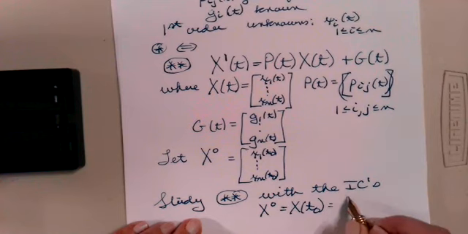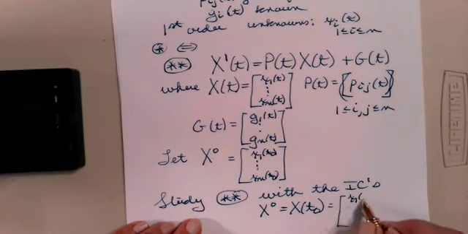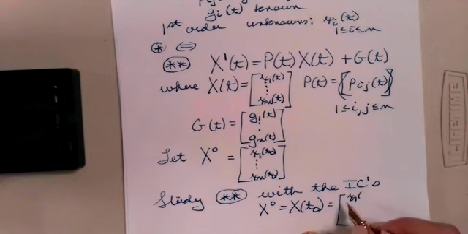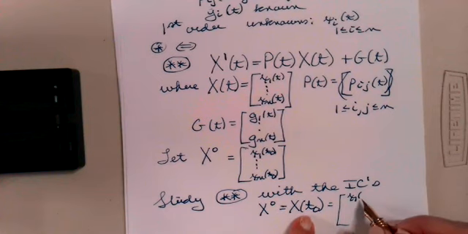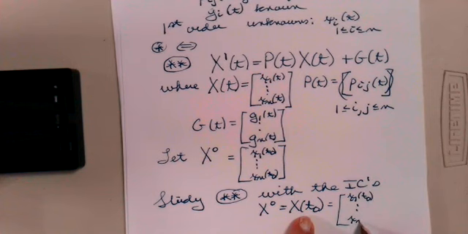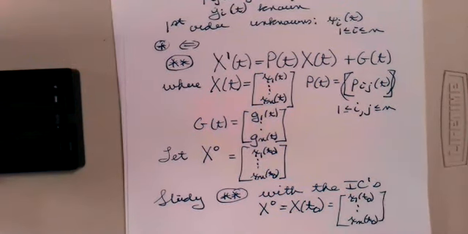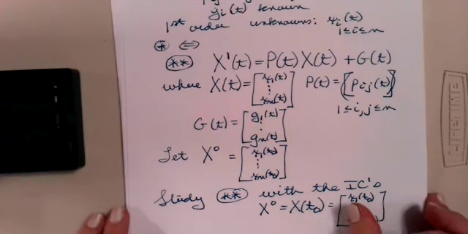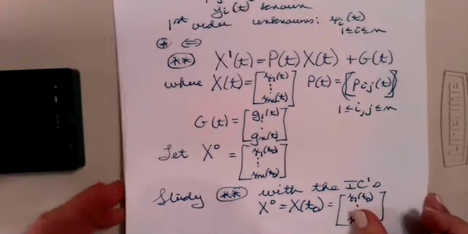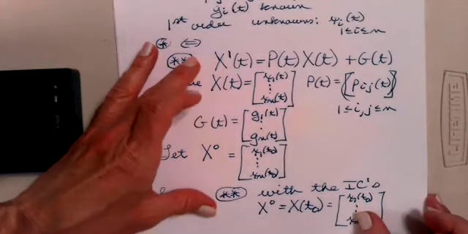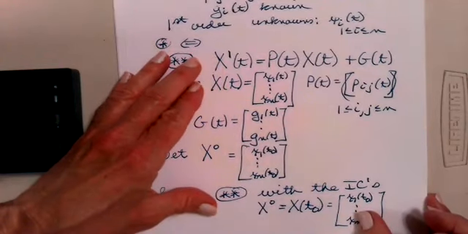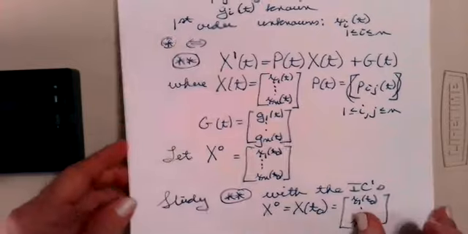And remember, that's basically the column vector x1 up to xn evaluated at t0. So you can even write your initial condition as a column vector. This can be very useful for us to study our system of equations by writing it in this kind of form.